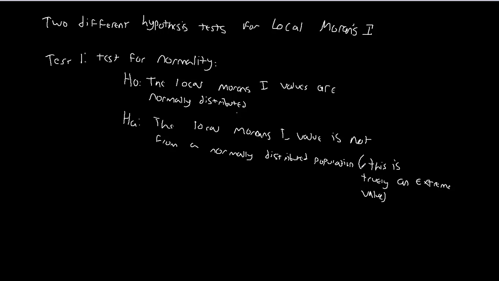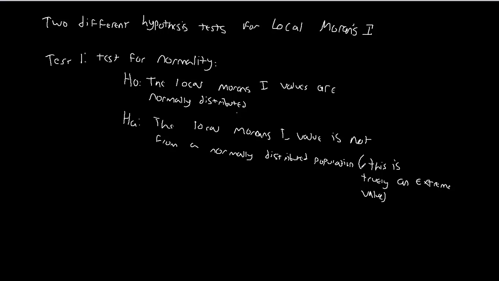Now, I want to make something clear here. When we're doing these hypothesis tests, we're getting a p-value for each individual polygon. Just like every other time we've done this, we had a test statistic and a p-value. But if you think about these LISAs, we're getting a test statistic for each polygon. This will make a lot more sense when you go through the R examples.